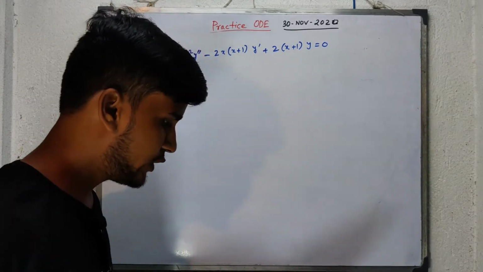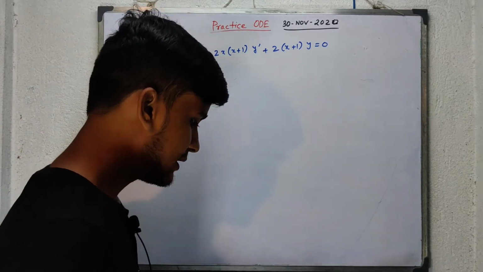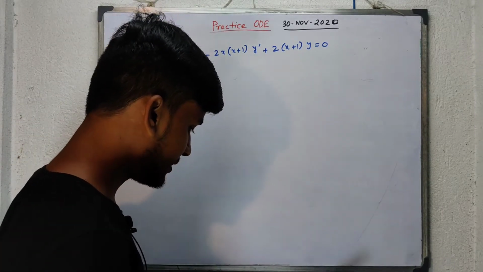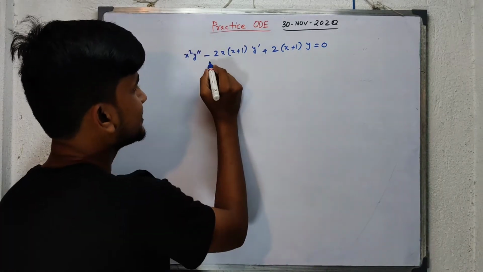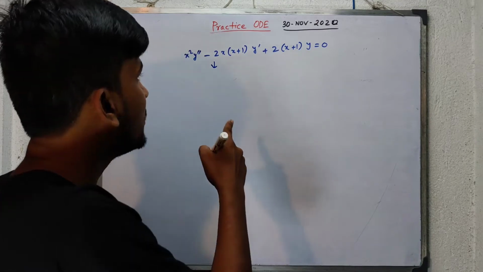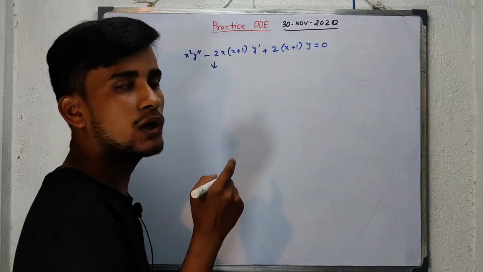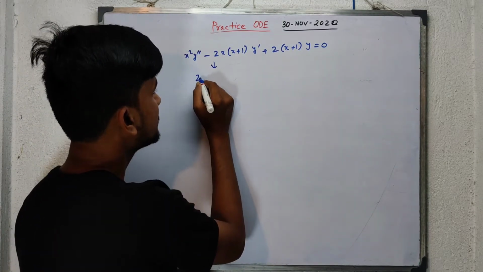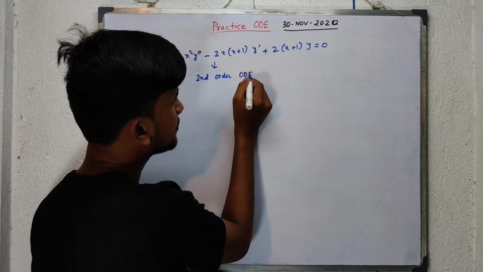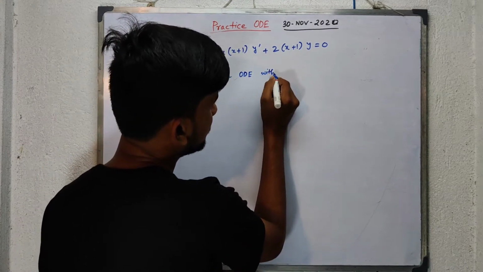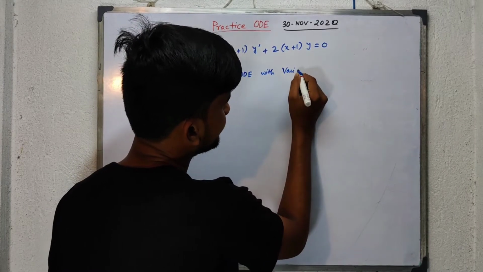If a polynomial is a solution, then the degree of the polynomial is equal to what? So clearly, first we have to identify this differential equation. What type of equation is this? This is a second order ODE with variable coefficients.